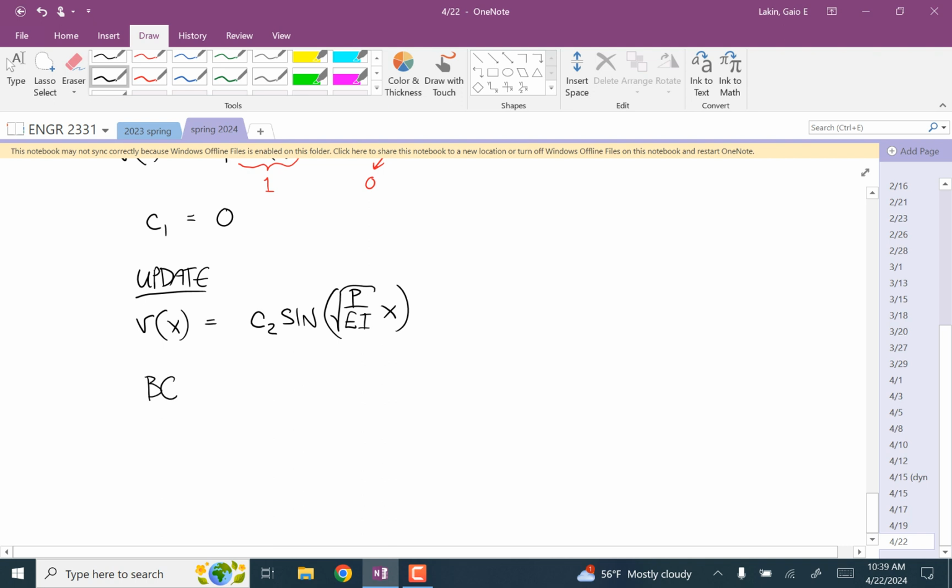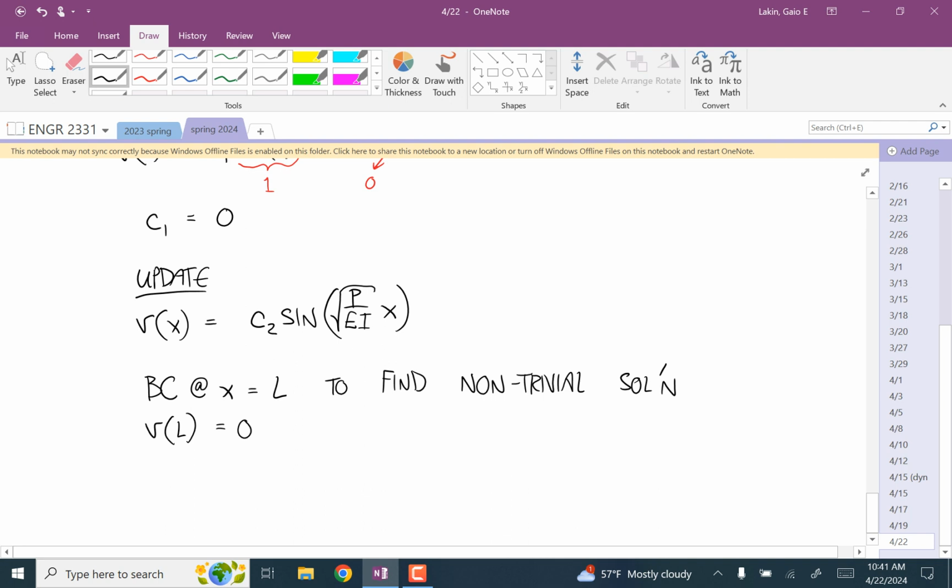So we're going to use the boundary condition at x equals L to find a non-trivial solution. Okay, so take a minute. We're going to go, so the deflection at L is equal to 0.